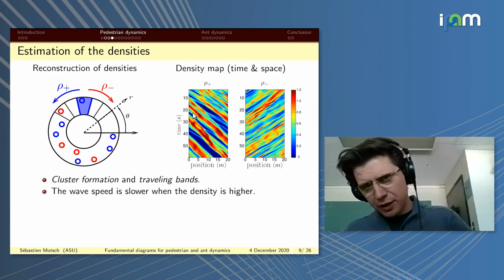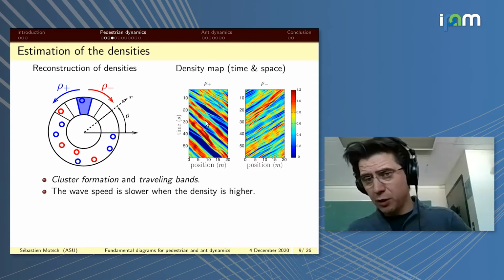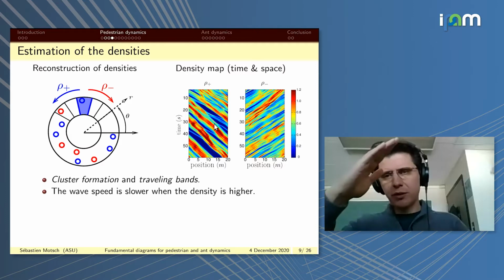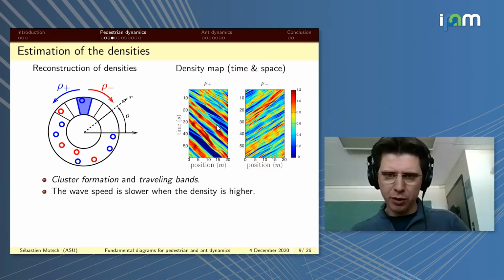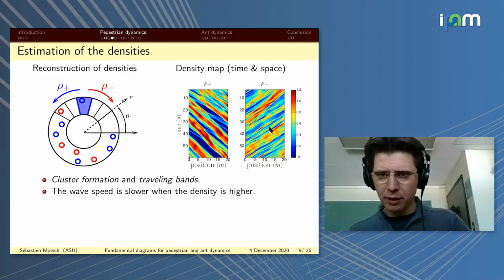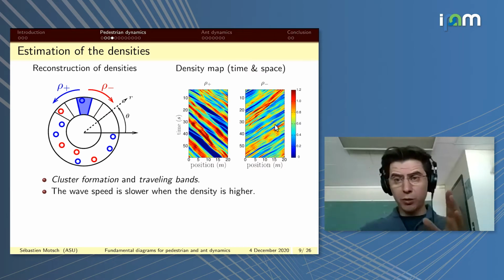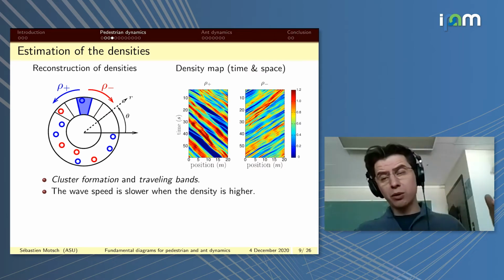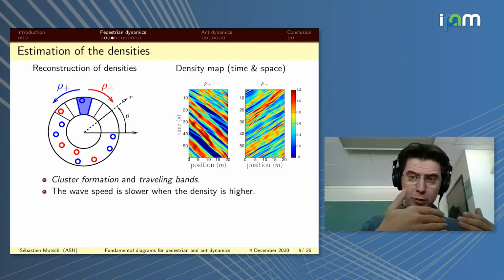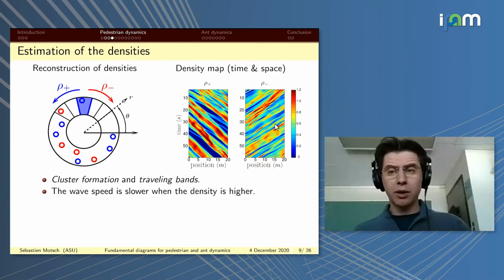The other interesting thing is that the slope of what you see is basically the speed at which pedestrians travel. And when the slope changes here, what's happening is that there are other pedestrians coming from the other side. So that's why you go slower, because you have other pedestrians going against you.